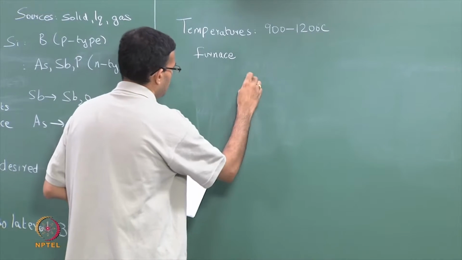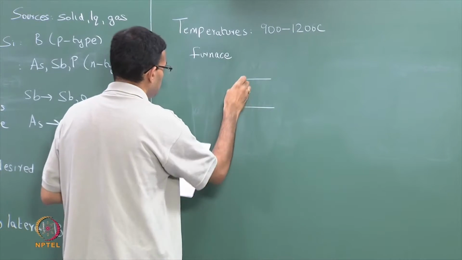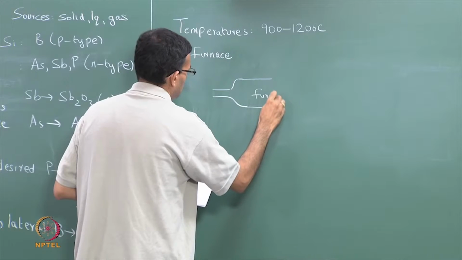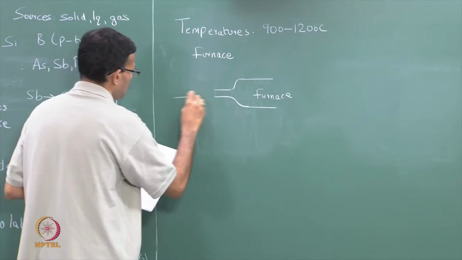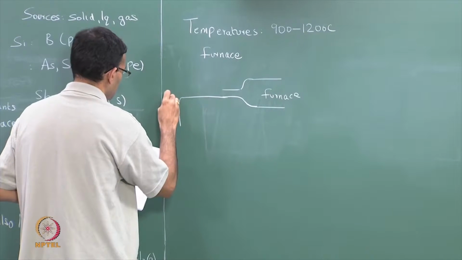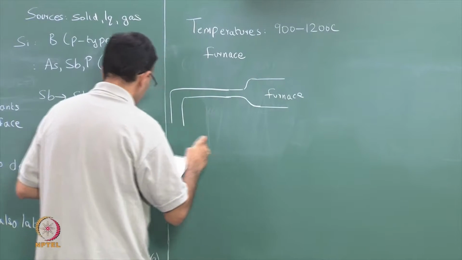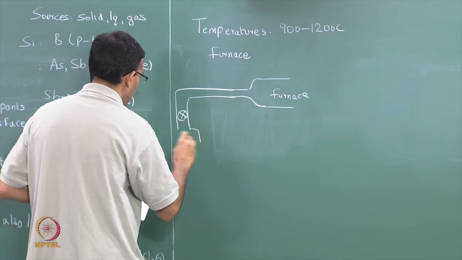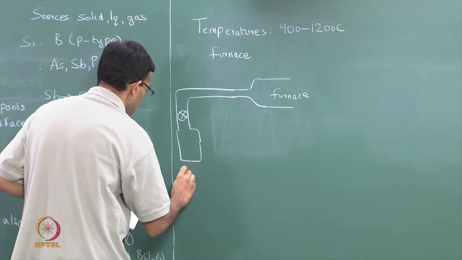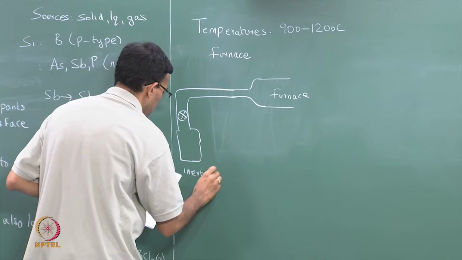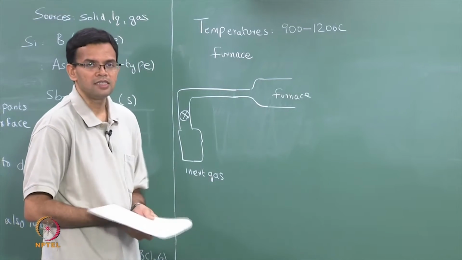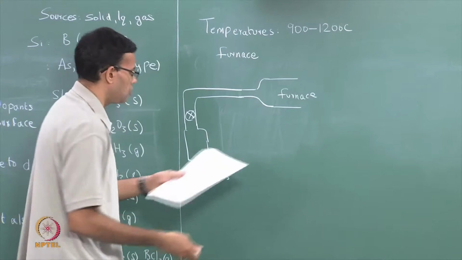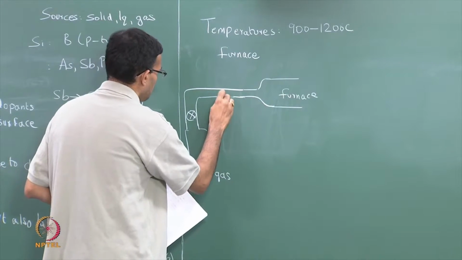For example, in the case of a gas source, so this is my furnace. Usually some sort of inert gas is used. Typically argon gas is used as a source of inert gas in order to dilute your dopants to the desired concentration. And then there is another bottle.